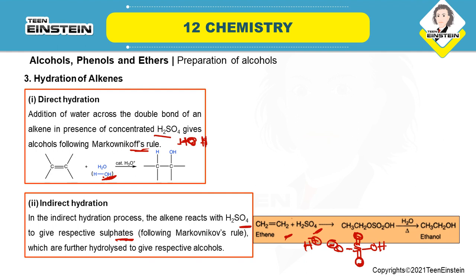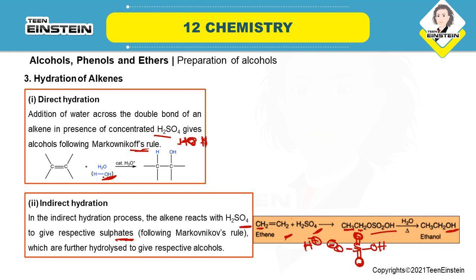So one H is added to this carbon. See, now it is CH3, and this part, that is OSO2OH, is added to the second carbon. But in the second step you have to do hydrolysis, just as we have done in the case of diazonium salt. Remember, there also we have done the hydrolysis, and ultimately this OSO2OH group will be converted to OH, that is ethanol.